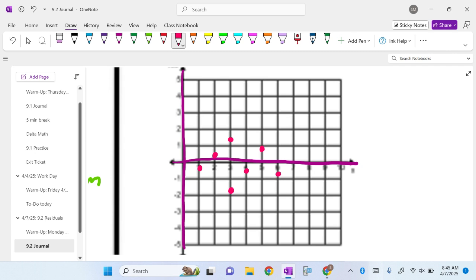And 6 and 1.16, so a little bit above 1.